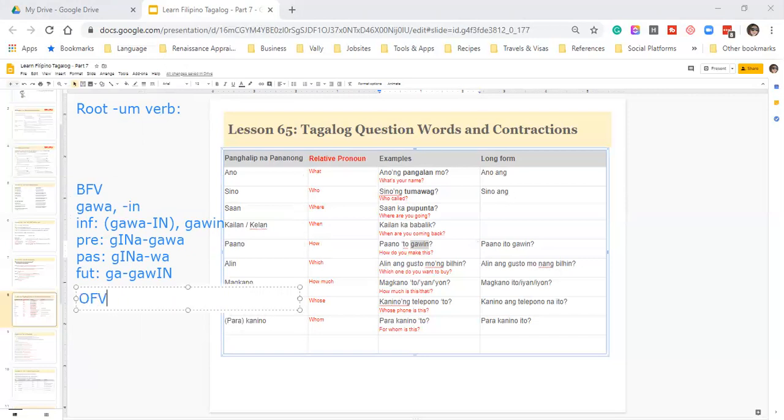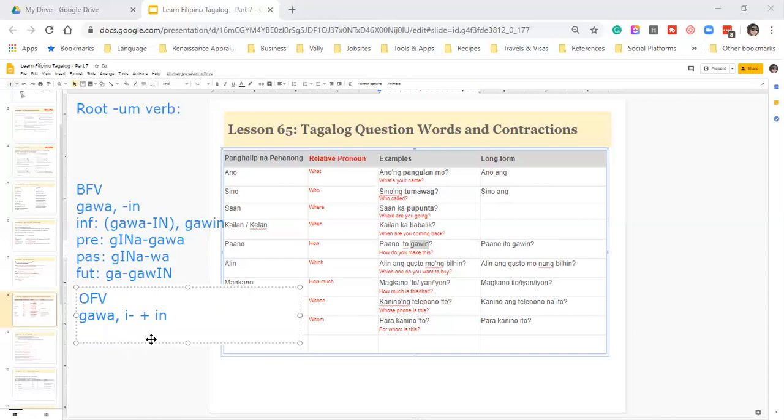OFV. And we're gonna use still gawa. But this is OFV. So we will use i plus in. Okay? I and in.